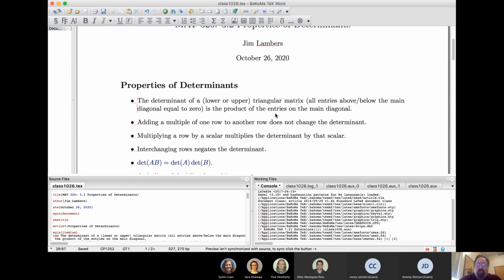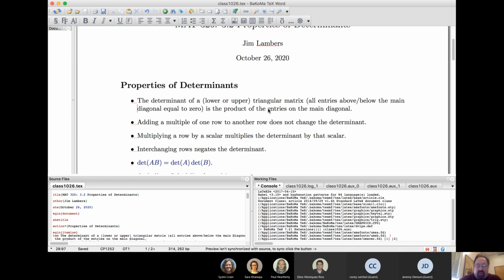So what that means is to compute a determinant, you can start by performing row operations on the matrix to get it to echelon form, which for a square matrix like we're talking about here, would be an upper triangular matrix.